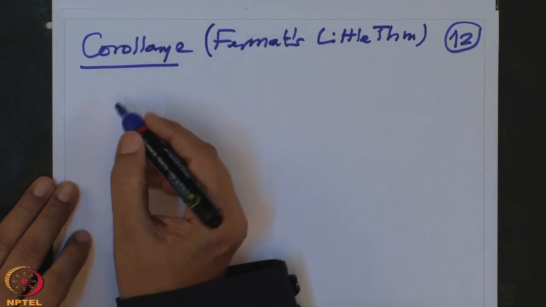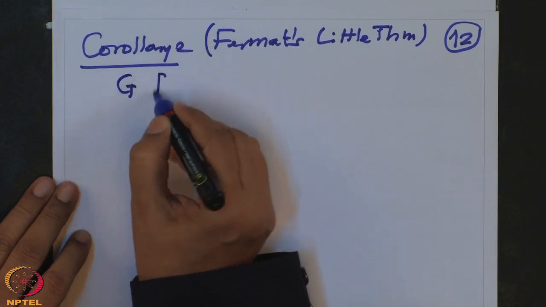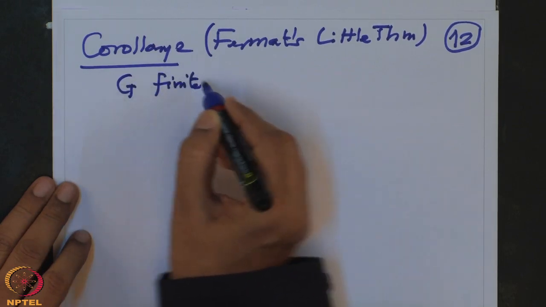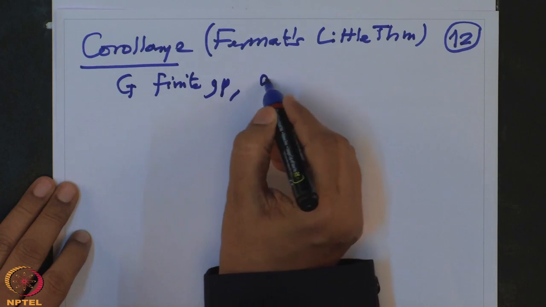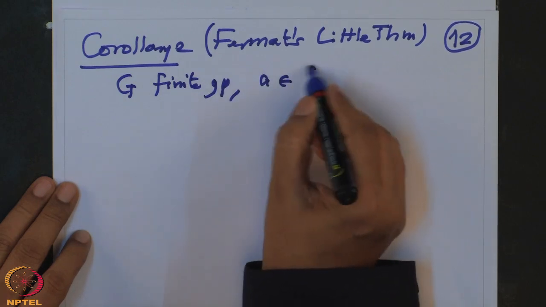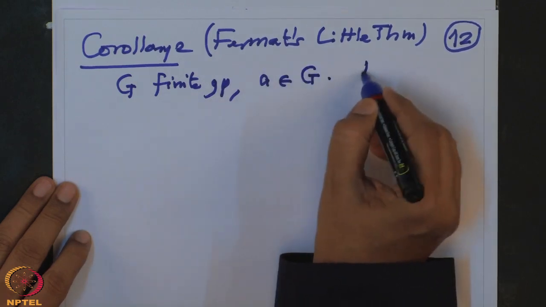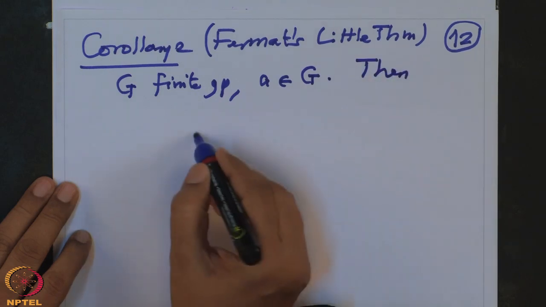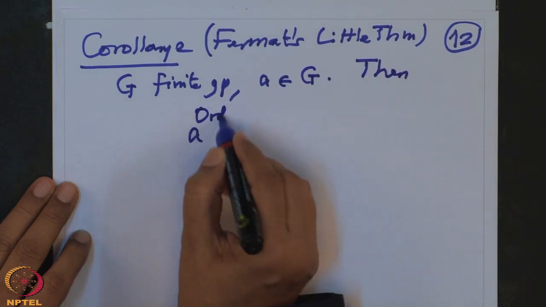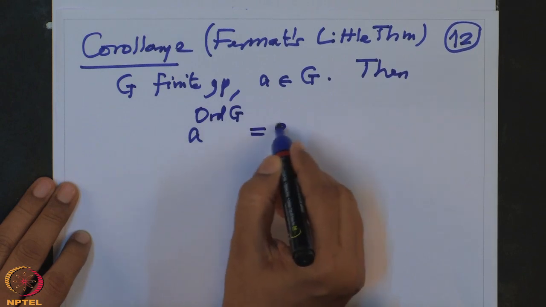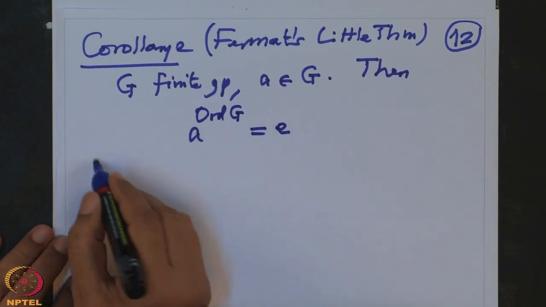Okay, what does it say? If G is a finite group, and A is an element in G, then A to the power order of G equals identity. Proof.